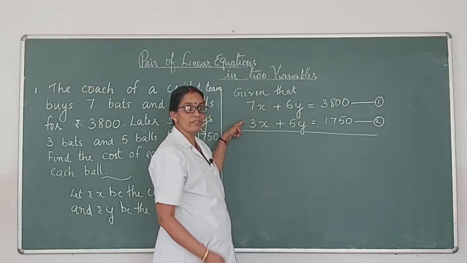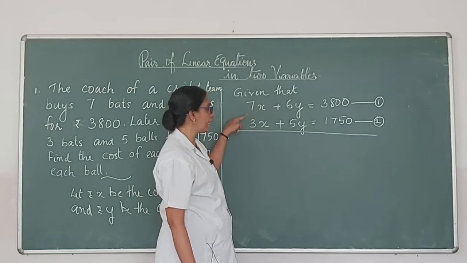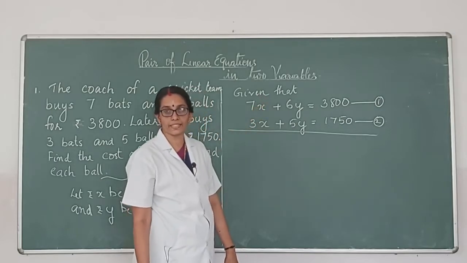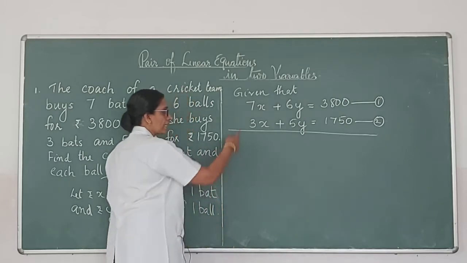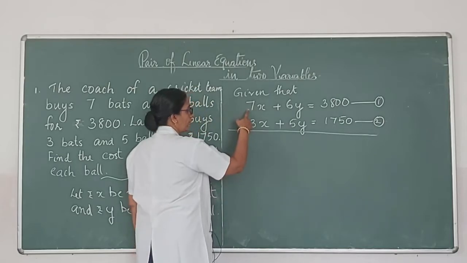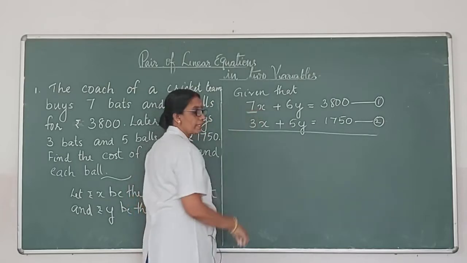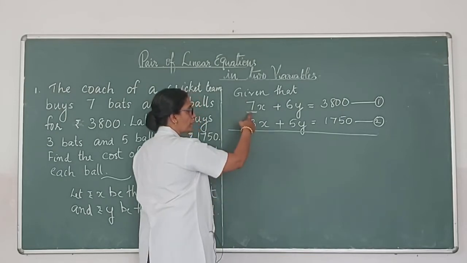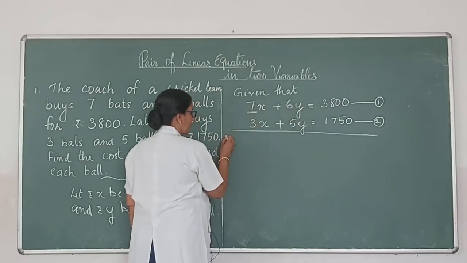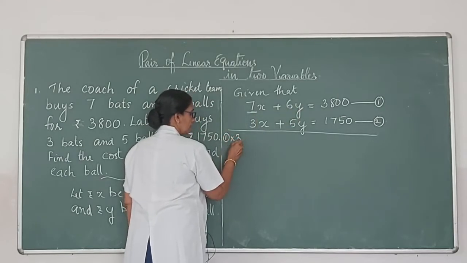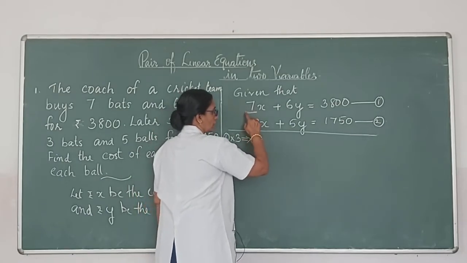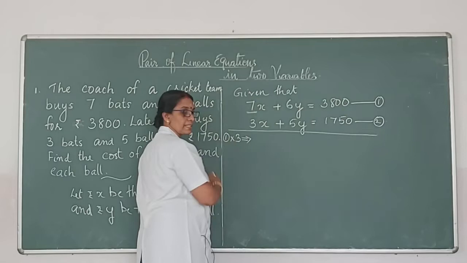Take the LCM of 7 and 3 and convert both coefficients to that LCM. What is the LCM of 7 and 3? 21. How will you make this 7 as 21? We have to multiply by 3, isn't it? So equation 1 multiplied by 3 gives, what is it? All the terms we have to multiply by this 3.